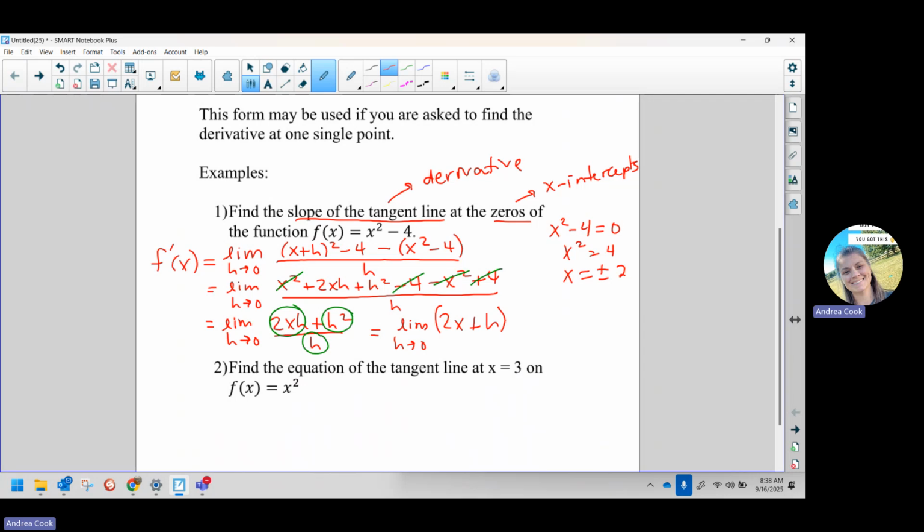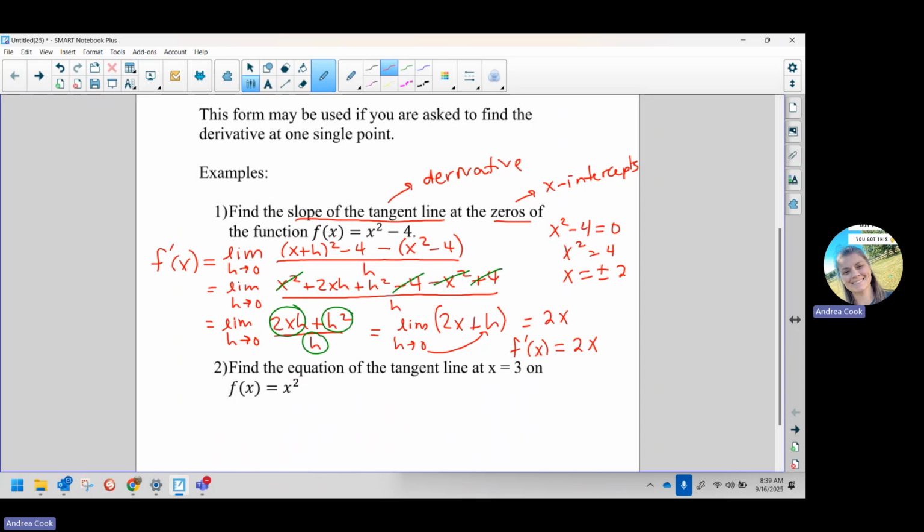Now when I evaluate the limit, I plug in 0 for h, and I get 2x. So that tells me that the derivative is equal to 2x. That's what we learned yesterday.